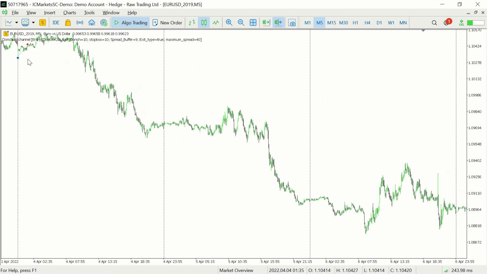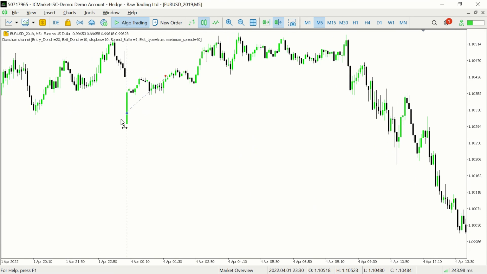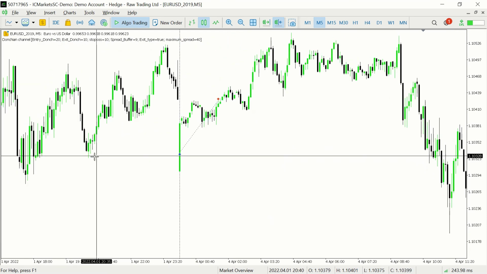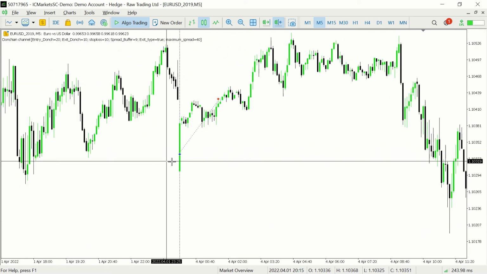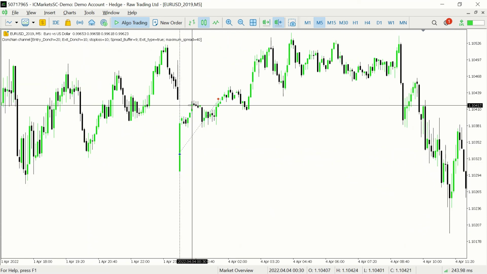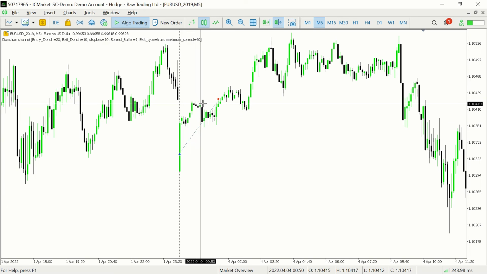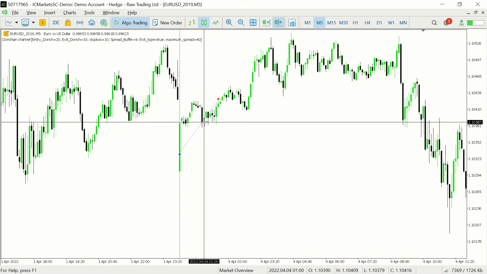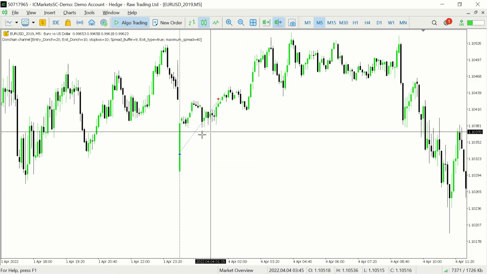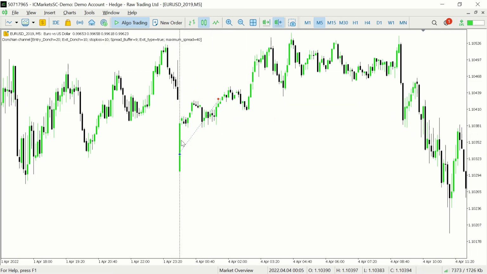This one here. Yes, so one last time, the previous lows here, price went below them, and we close when price goes above recent highs. These recent highs here. So those are the trades. Those are the rules. There's nothing much to it.